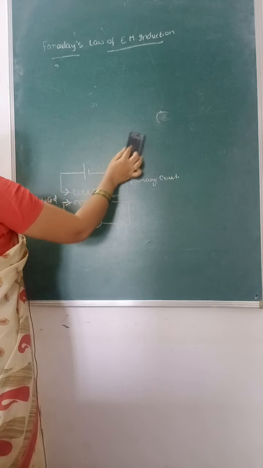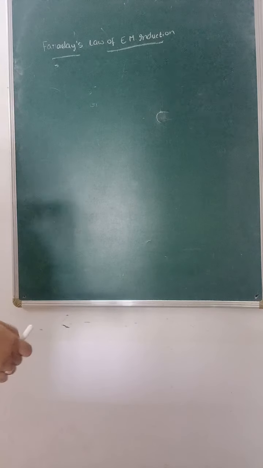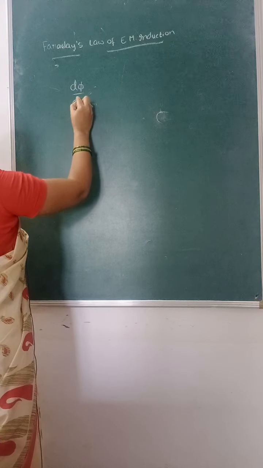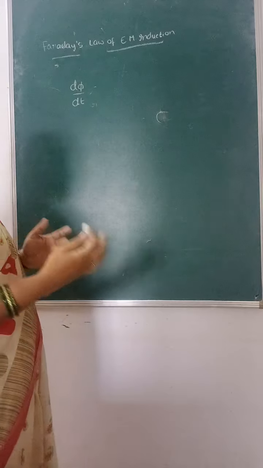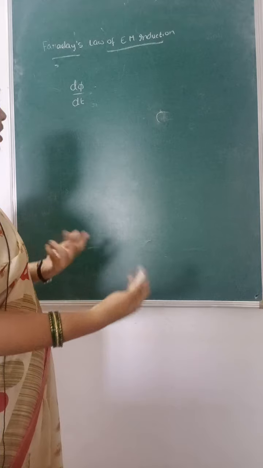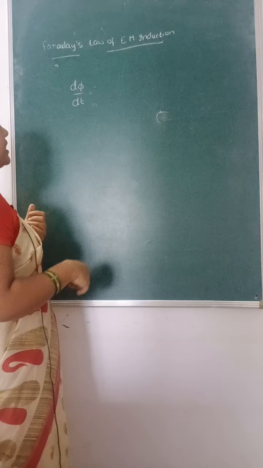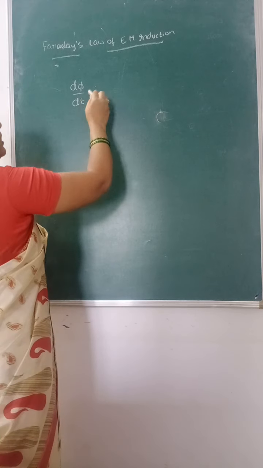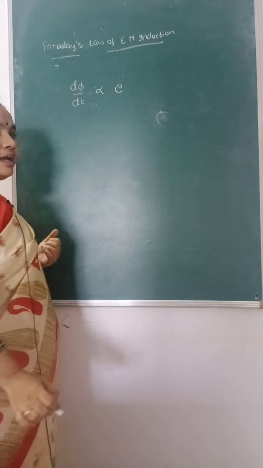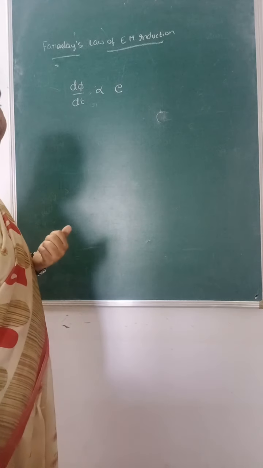The first law is: whenever there is a change in the magnetic flux linked with a circuit, that is, when the north pole is moved towards the coil the flux is more, and when it is moved away the flux is less, then the rate of change of magnetic flux linked with the coil is directly proportional to the electromotive force induced.